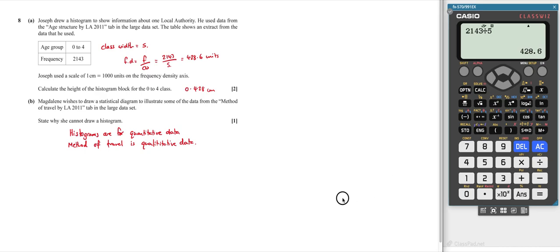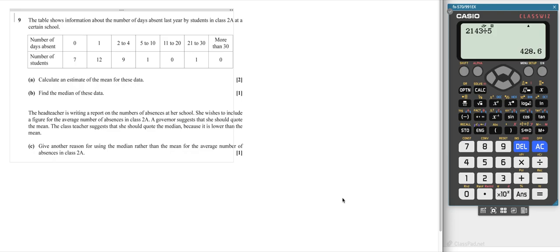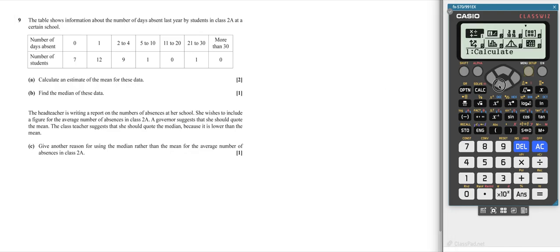Right, question 9. Table shows information about the number of days absent last year by students in class 2A at a certain school. Calculate an estimate for the mean of this data. So that's going to go into statistics mode. It's one variable statistics, and I need to pop on my frequency column.